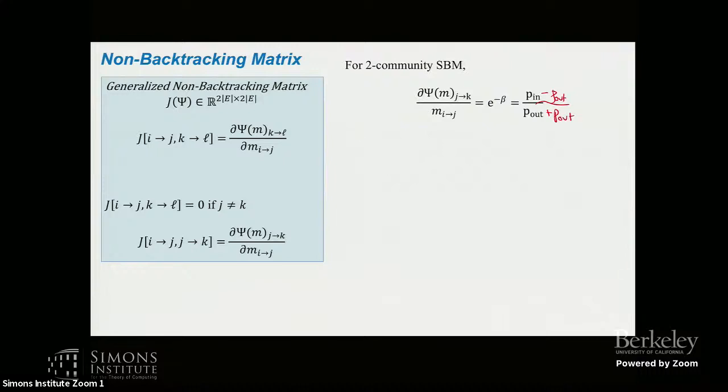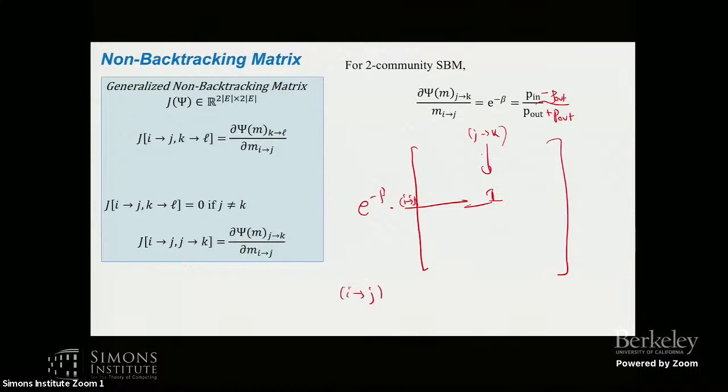Okay, so what that means is that this matrix of partial derivatives is e to the minus beta times a 1 on the entry i to j, j to k. You put a 1 whenever you have edges ij and jk.